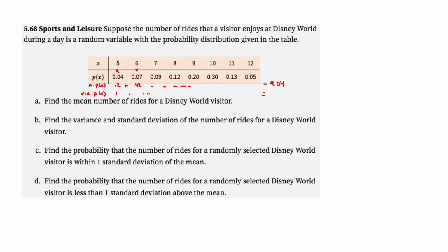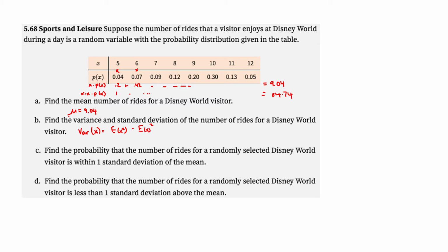And that should get you a value of 84.74. Now our mean is equal to 9.04. We're going to find the variance and the standard deviation. Remember, this formula is equal to E of X squared minus E of X, squared.